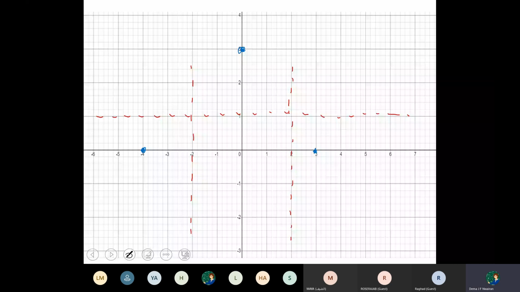Then after that, I have to look for the holes. Now I need to find additional points. These additional points help me draw the graph, to give me a sense of how the graph of the function will be. Try 4 as an example.